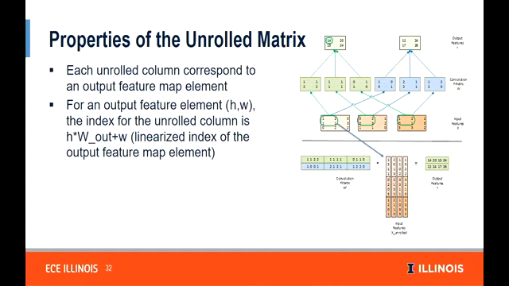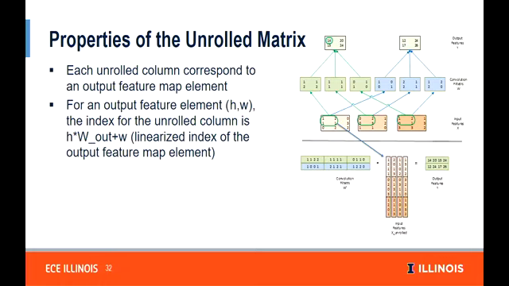So let's take a look at some properties of the unrolled matrix. Okay, and so far I hope that you have a pretty good intuition about how that matrix came about, right?